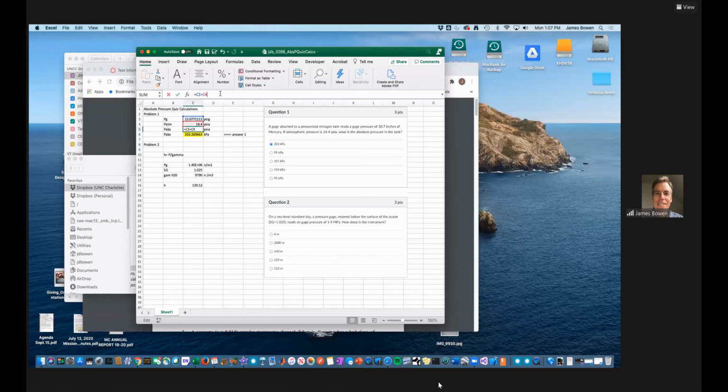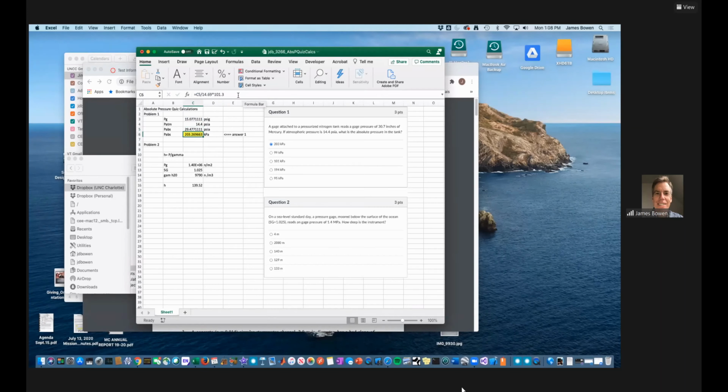To get that, I take the gauge pressure in PSI and add it to the atmospheric pressure in PSI. Get the answer 29.47, and then do a unit conversion.